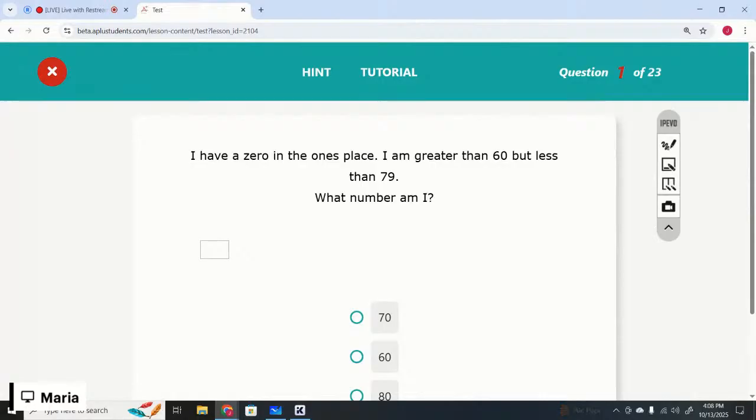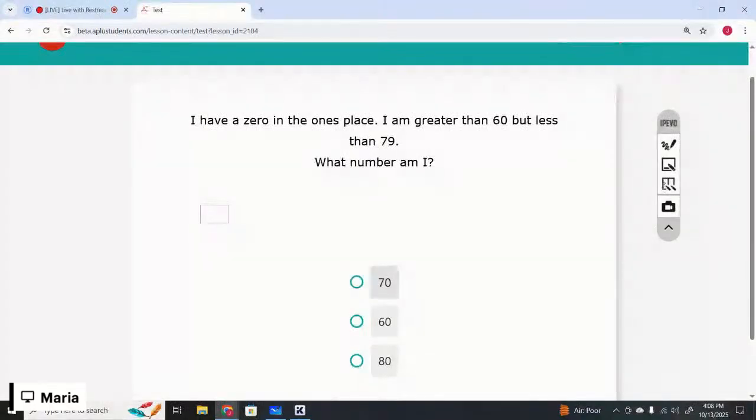So from 60 to 79, that is 70. Option number 1 is the correct option.